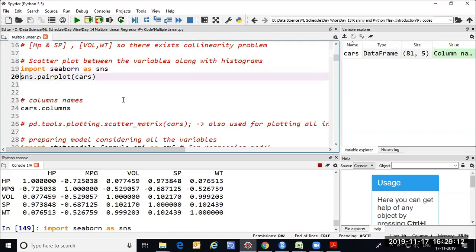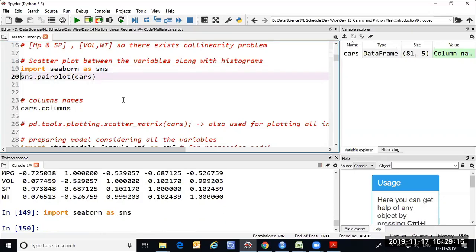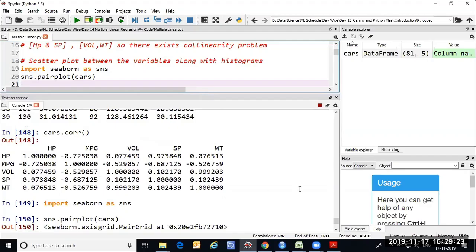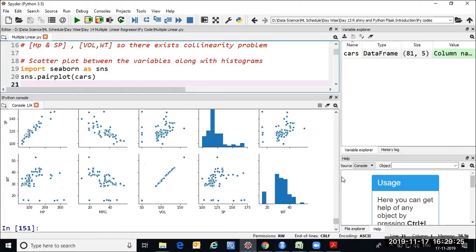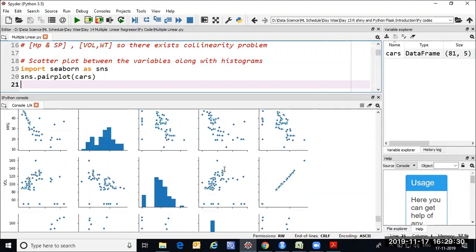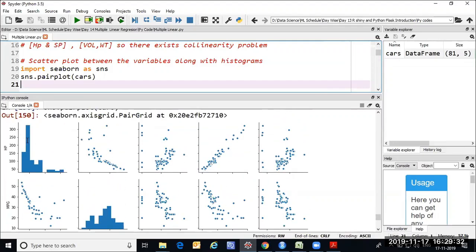Matplotlib for basic visualization, Seaborn for advanced visualization. The pair plots that we are drawing give the distribution of the respective variable, and you can look at either the bottom part or the upper part. Both are mirror images.